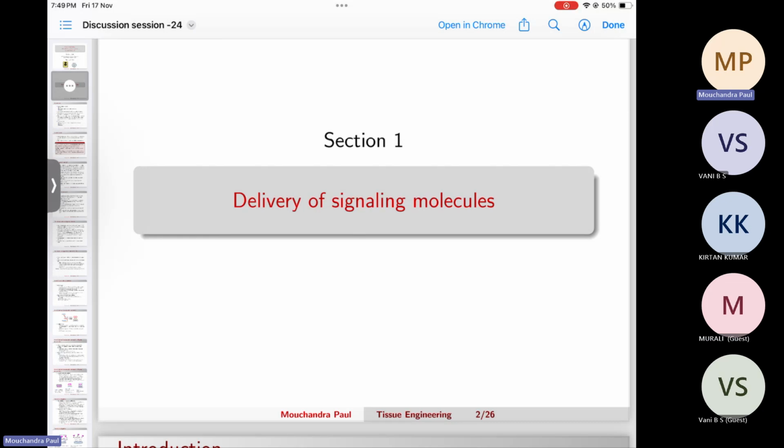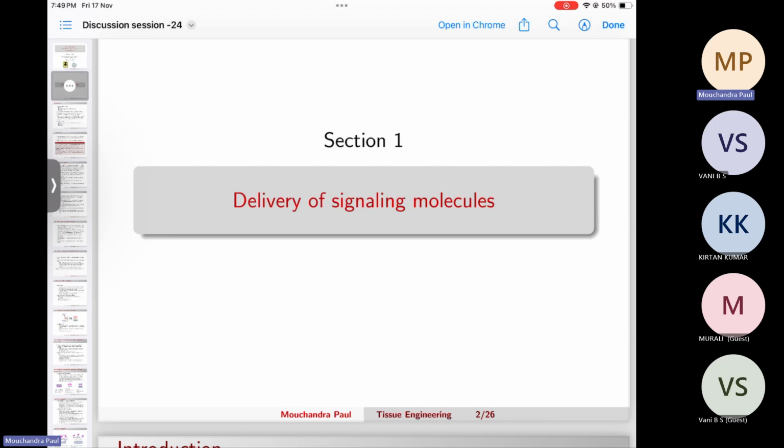And we know any tissue is composed of cells and ECM, and the cells communicate through signaling molecules, right? So what we can do, yes, we can prepare a scaffold, that is the artificial ECM. Then we can take cells directly from the body, like the primary cells, or we can use stem cells, etc.